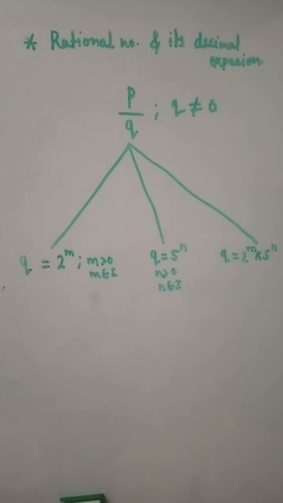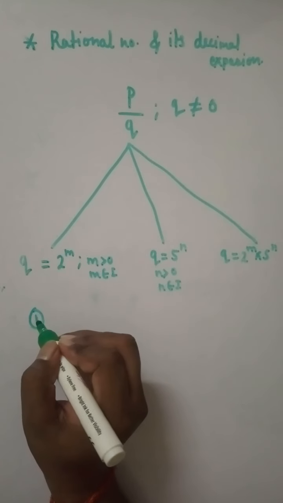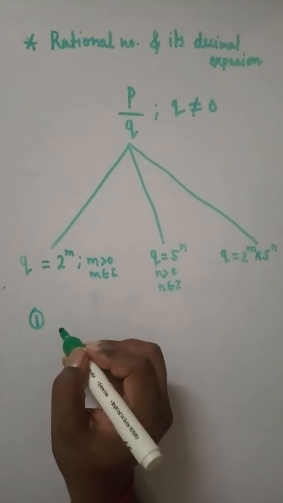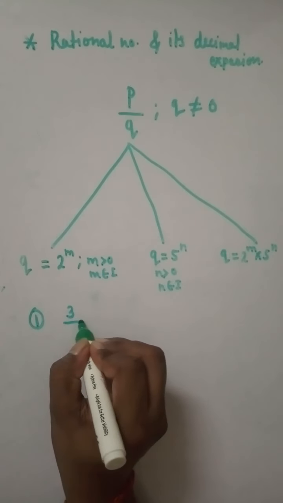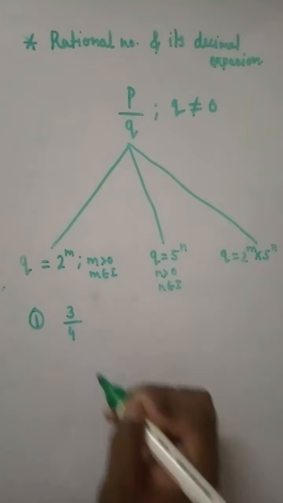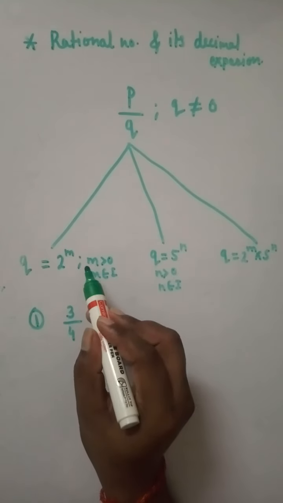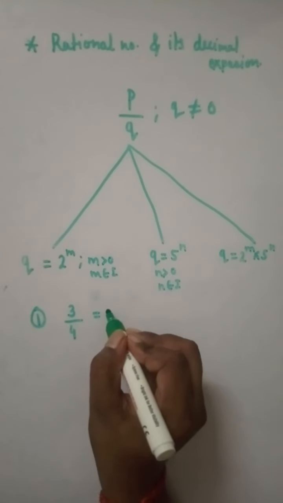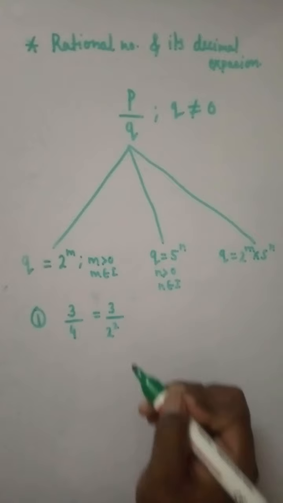Let's understand. Let's take a very small number just to make you understand, then slowly I'll increase it. I'll take two examples of each. First, 3 by 4, which can be expressed as 3 by 2 square.